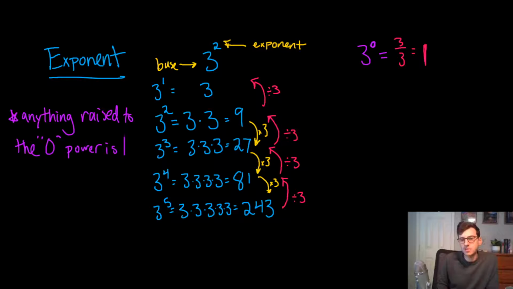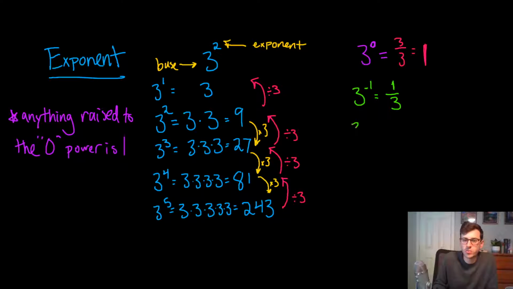Okay, so now let's look at what happens if I start to go negative. So we said 3 to the 0 is 1. What about 3 to the negative 1? Well, that should be 1 divided by 3, which would be 1/3. And again, 1/3 times 3 would get us to 1. 1 times 3 would get us to 3, and then we go down.